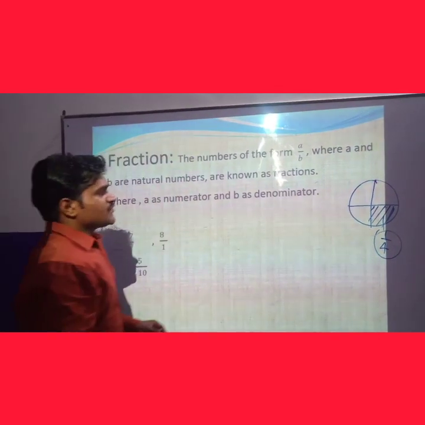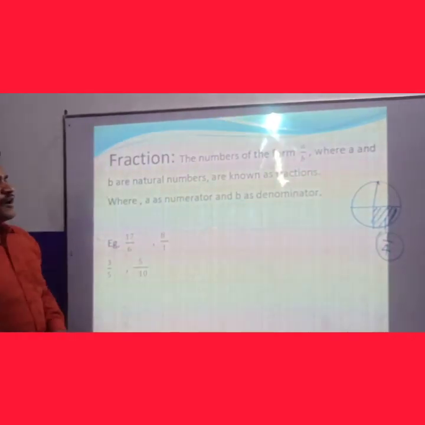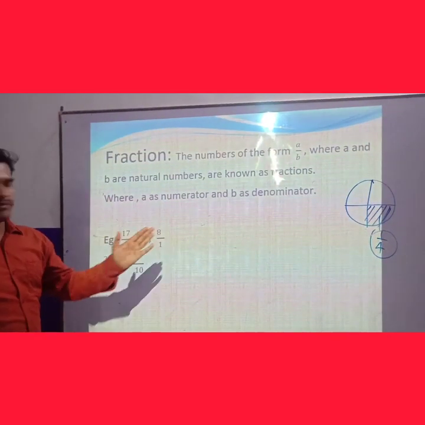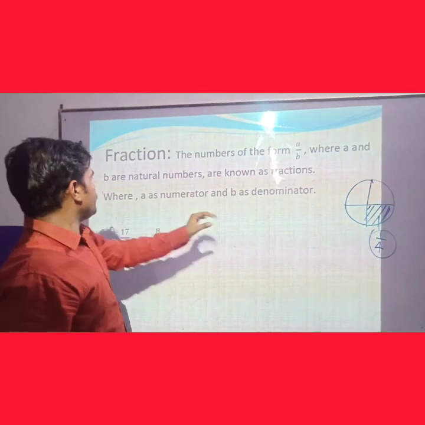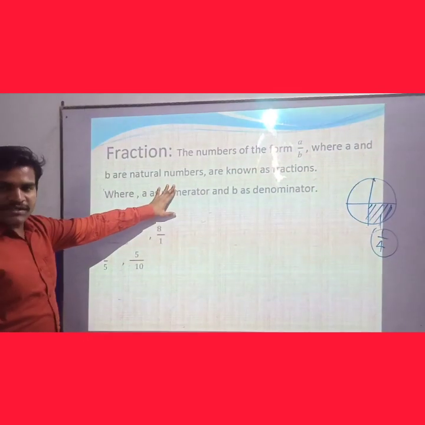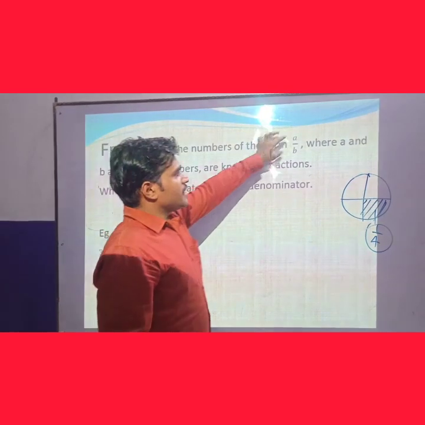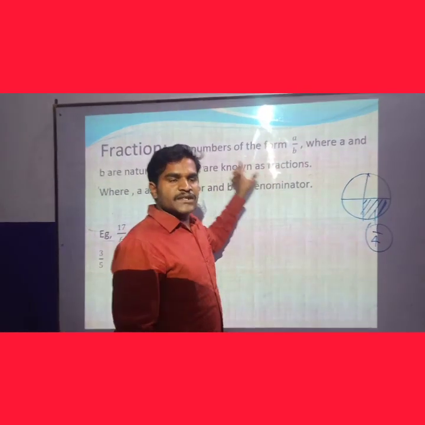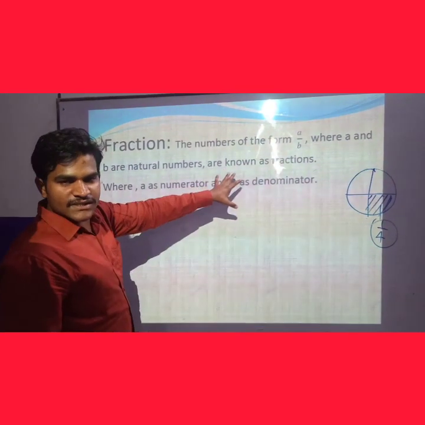So in other words, the numbers of the form a upon b, where a and b are natural numbers, are known as fractions.